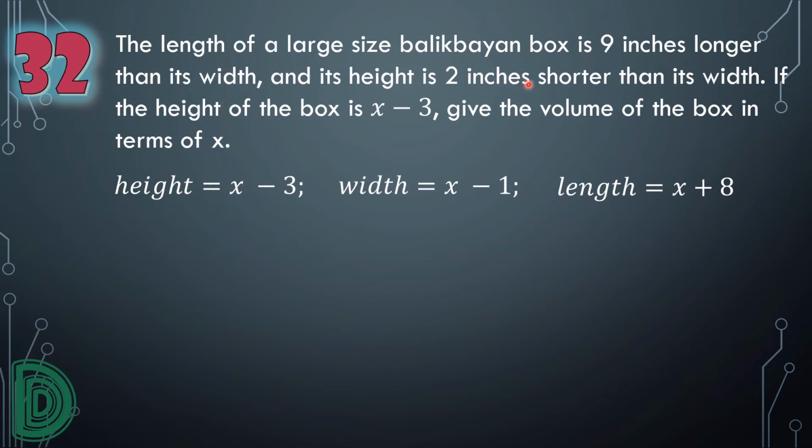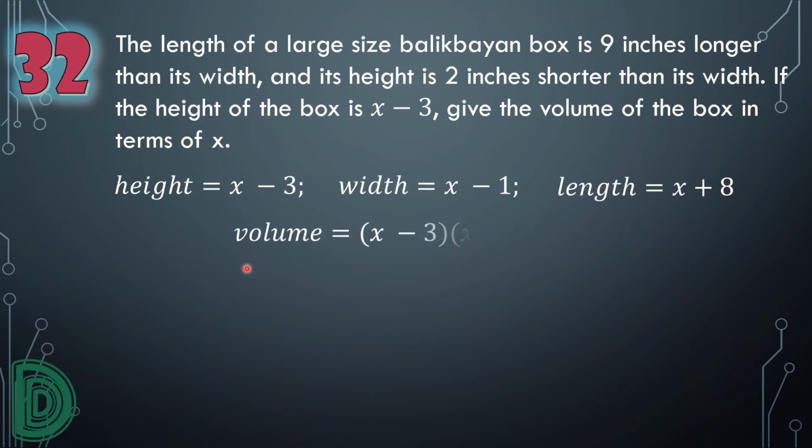Height is given as x minus 3. The length is 9 inches longer than the width, and the height is 2 inches shorter than its width. Therefore, the width will be x minus 3 plus 2, that is x minus 1. The length is 9 inches longer than the width, therefore that is x minus 1 plus 9, x plus 8.